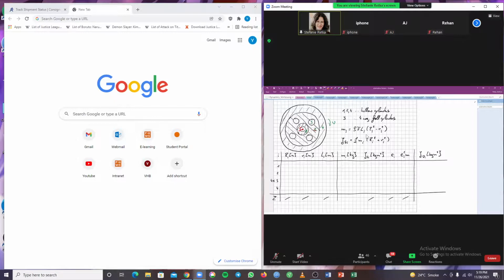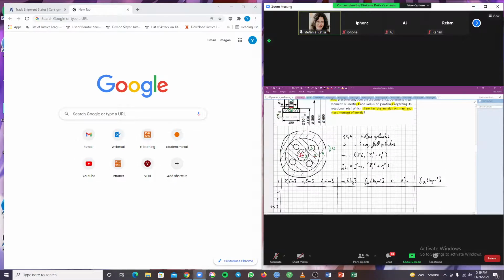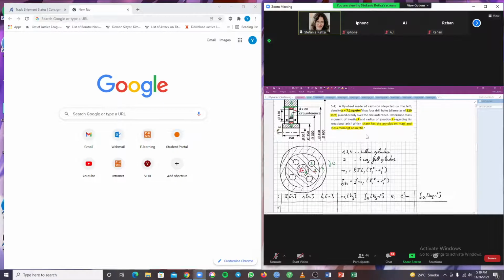Okay, for the first subsystem, we can fill the table together. So the first one is our inner wheel, the small hollow cylinder, area 1, and the outer radius. I will use colors for you to follow my explanations, and then I will erase the colors because otherwise it will be too full.